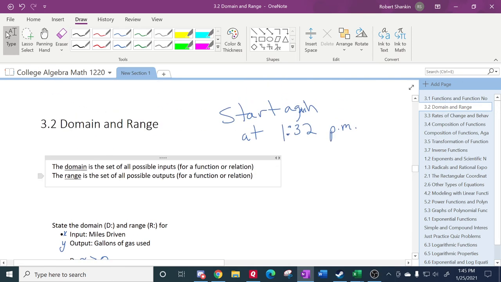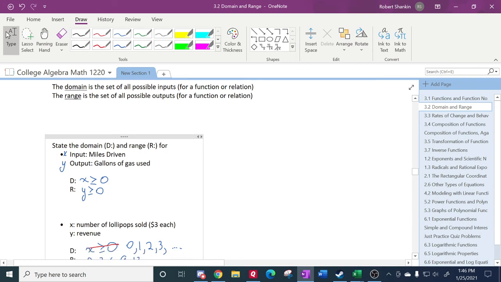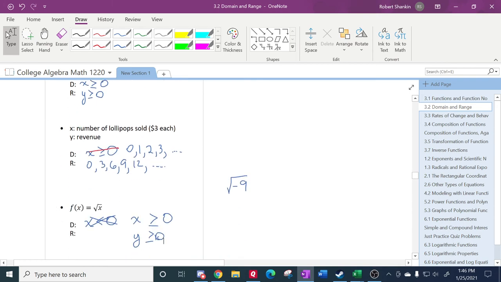We have to get very specific. It's a set of all possible inputs. You have to state what are those numbers that can be inputs and outputs for it. And when you don't have a situation, but all you have is an abstract equation, then as long as you don't get illegal values. Now, some values are illegal.